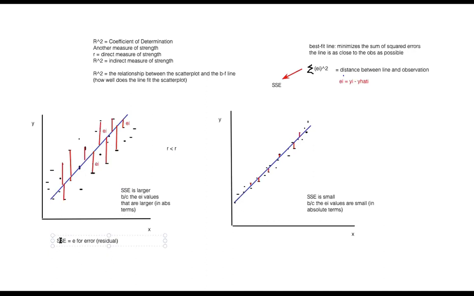So E for error, but it is technically called a residual. Residual is simply the distance between a line and observation, meaning how far the model is. So this is our statistical model. This is our regression model. So this looks at how far our model is from the actual data.